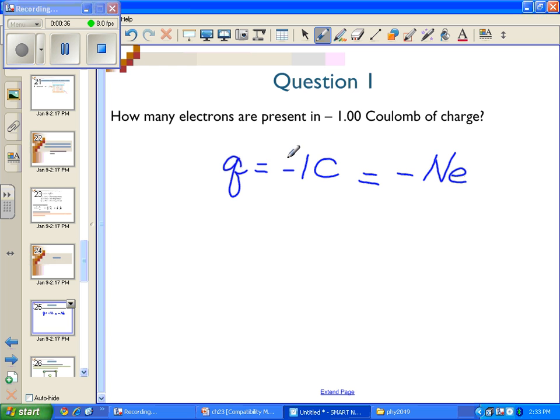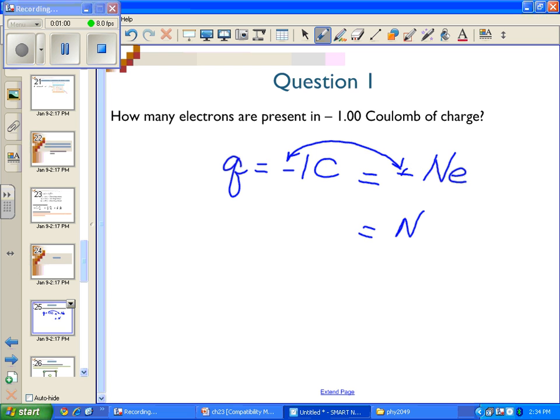The minus is because we are referring to negative charge; n will tell us how many electrons' worth of negative charge, and e is the constant that tells us the charge on one electron. So essentially we're solving for n.